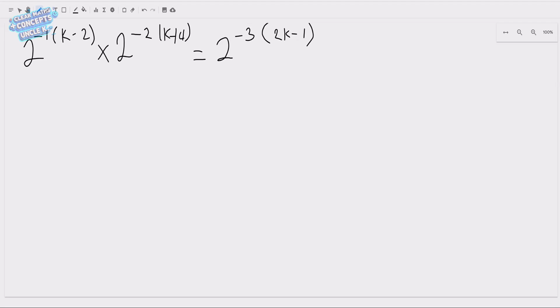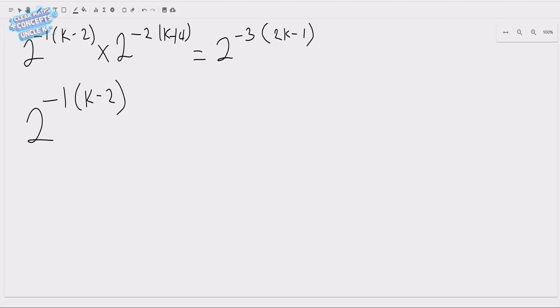That's where the question is going. When you see a question like this, they want you to actually equate the base of the power. But you see, if you look at your left hand side, you have 2 different numbers, or let's say variables. But then it has what? Multiplication. So it means you can combine it. That's the first thing you need to do. So 2, you have minus 1, k minus 2.